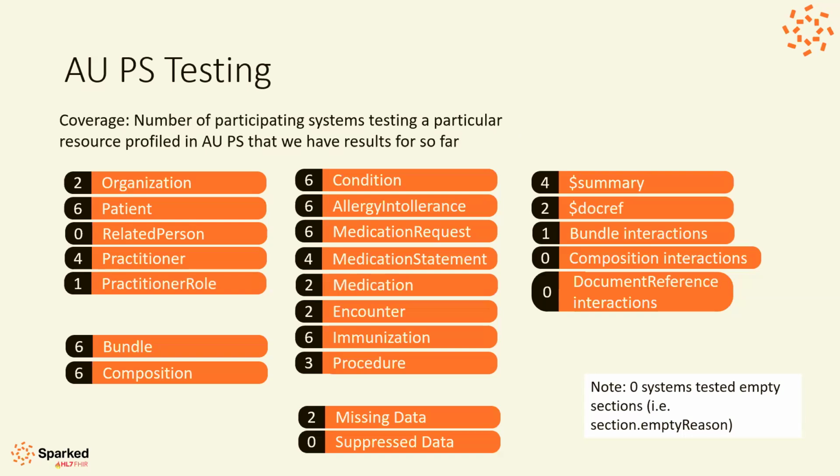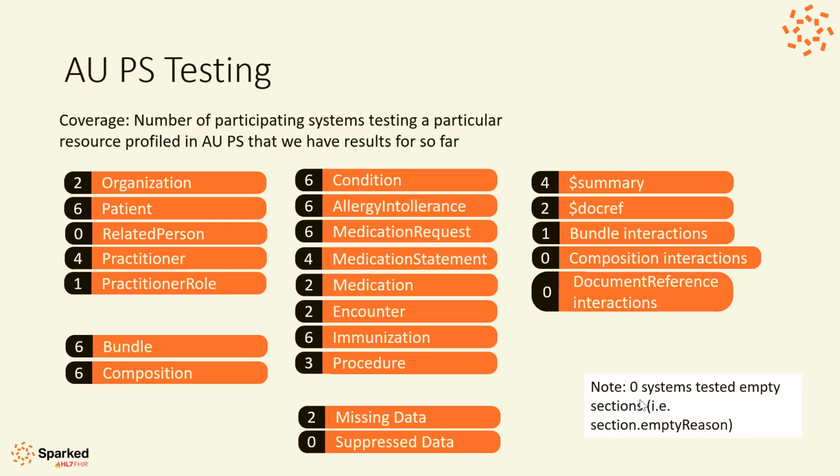And what was then really interesting is that all 6 of them were testing condition, allergy intolerance, medication request, and immunization. And what this meant, of course, is that we had no empty sections being tested. So no sections where you'd say, I don't actually have that information for the patient. That in and of itself is worth noting.